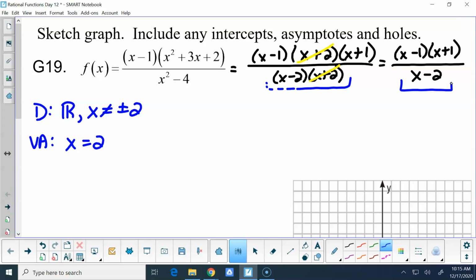Okay. Horizontal asymptotes, I've got a degree of 2 on the top on my new one. I've got a degree of 1 on the bottom on my new one. So that's going to be a none case. But it's got an asterisk by it because it differs by 1.